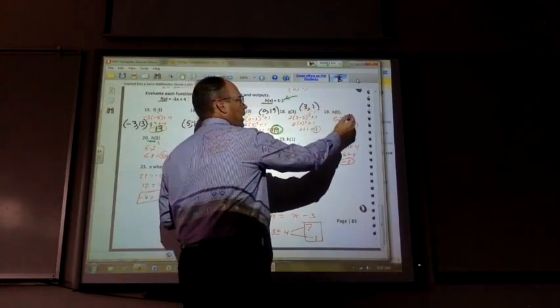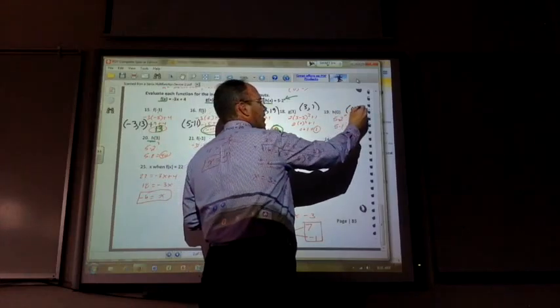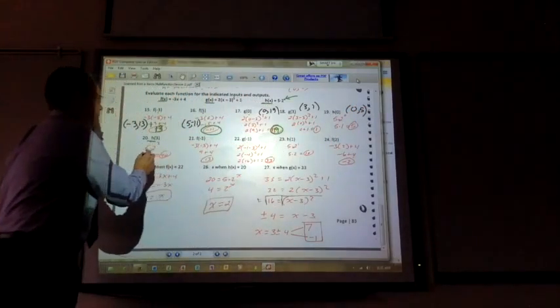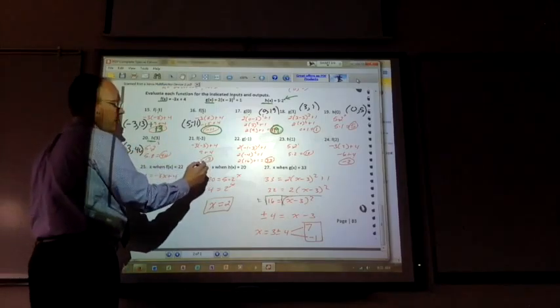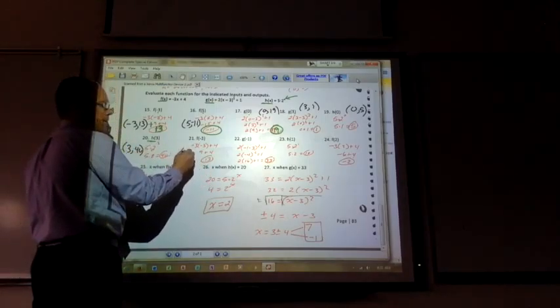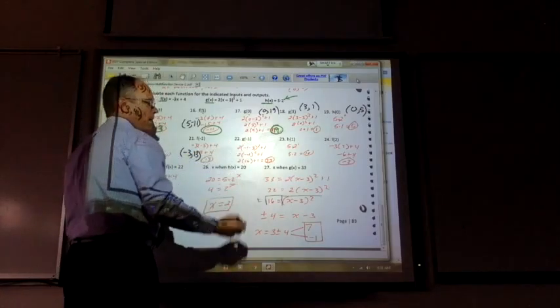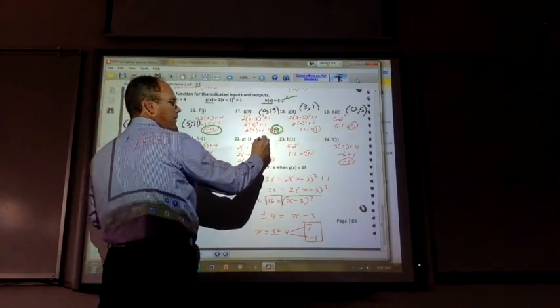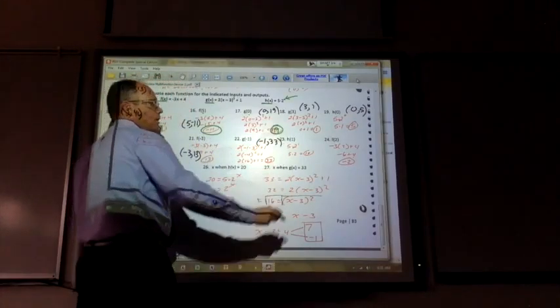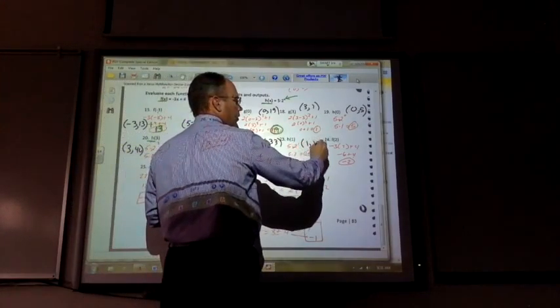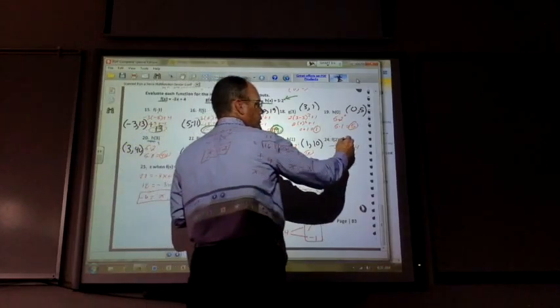What does this yield me? 0, 5. What does this one give me as a point? 3, comma, 40. What does this one give me? 3, comma, 13. What does this one give me? Negative 1, comma 33. What does this one give me? 1, comma 10. What does this one give me? 2, comma negative 2.